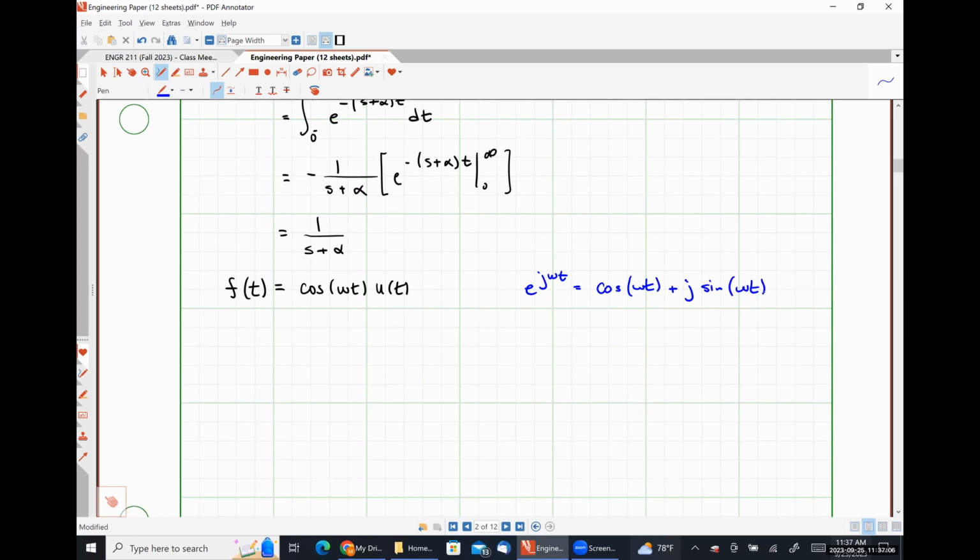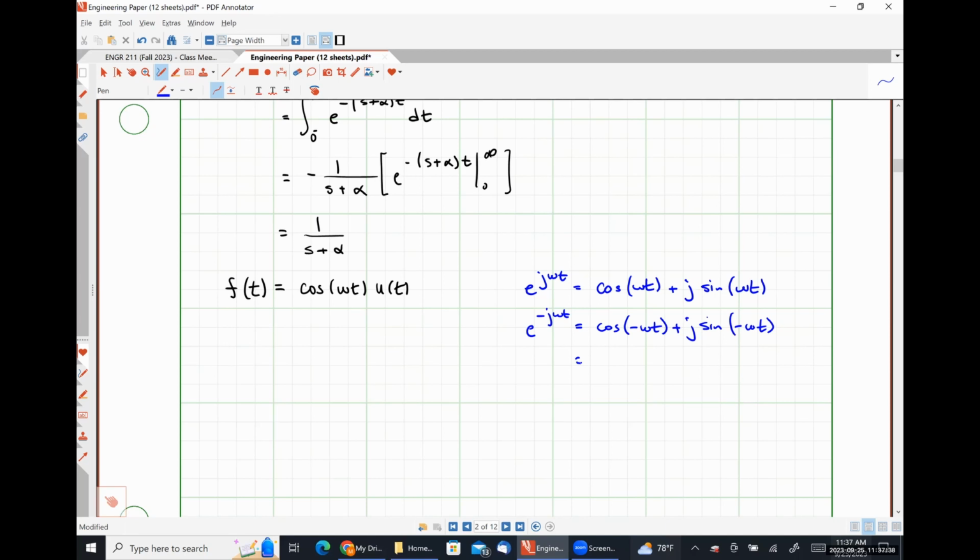So using this identity, what should e to the negative j omega t be? I would argue it should be cosine of negative omega t plus j sine of negative omega t.